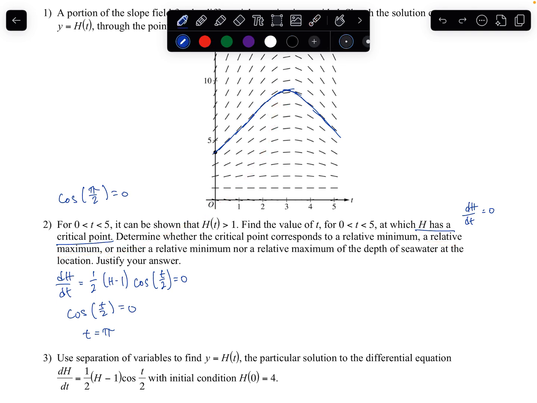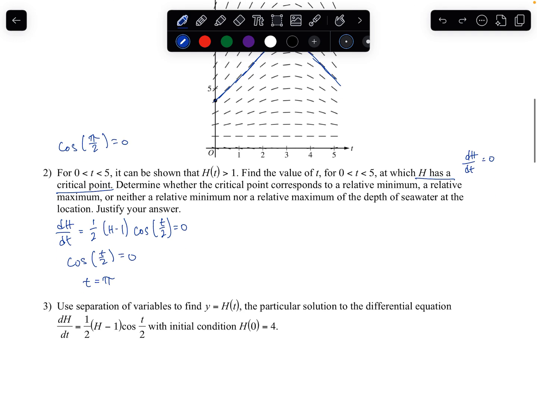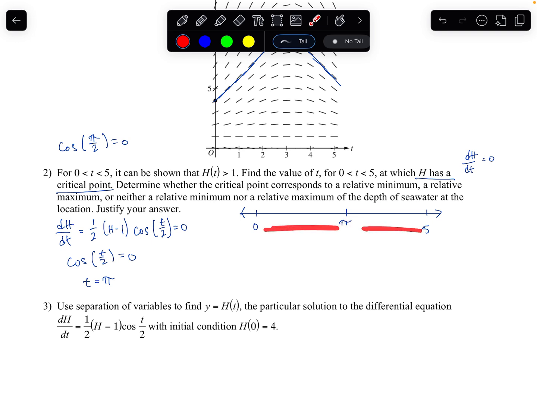Now, we can use 2 different tests to verify relative minimum or maximum. If you remember from chapter 5, we can use the first derivative test, which is what I'm going to opt to use. So we're going to have 0 as our endpoint, 5 as our other endpoint. We know that pi is in between. I need to verify values in between here. I know that the values here are going to be positive.